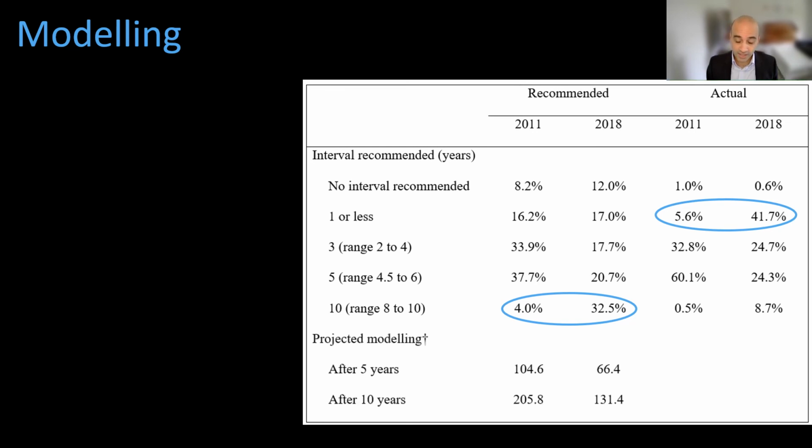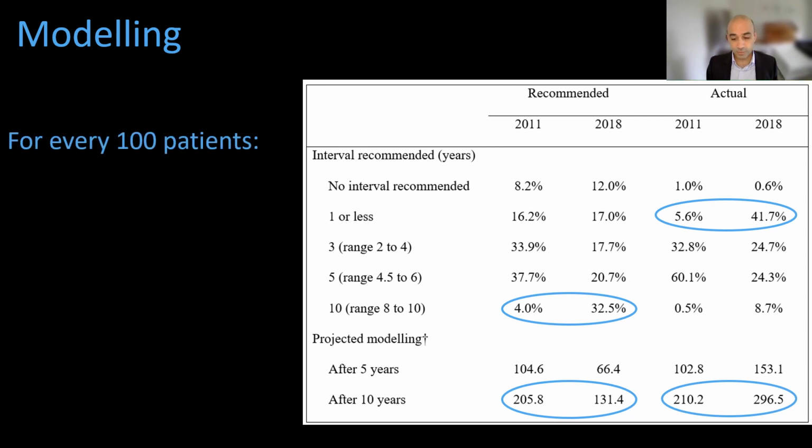When you look at the modeling, you'll see that, again, with perfect compliance, you should end up with less burden on the waiting list at 5 and 10 years. But when you look at it in the real world, when you look at the actual numbers, because of the lack of compliance, it's actually significantly worse.